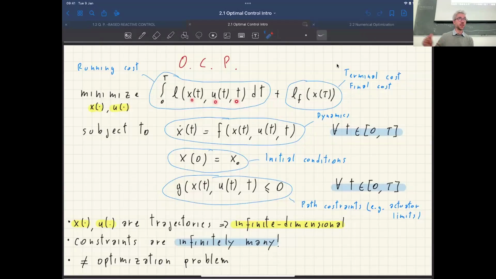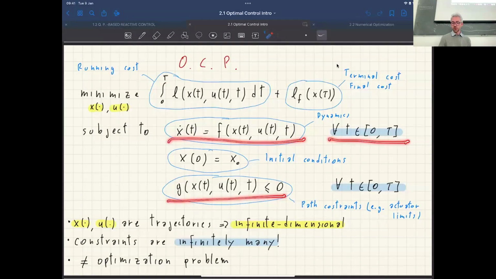So you integrate this function throughout the whole trajectory. And the trajectory in this problem has a fixed length, which is capital T. So this must be fixed by the user. And notice the dynamics constraints and the path constraints must hold for the whole duration of the trajectory, so for every time between 0 and capital T.